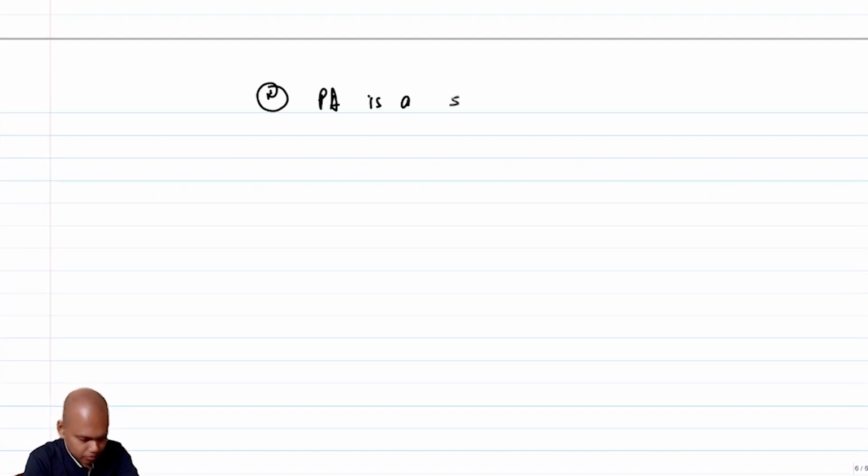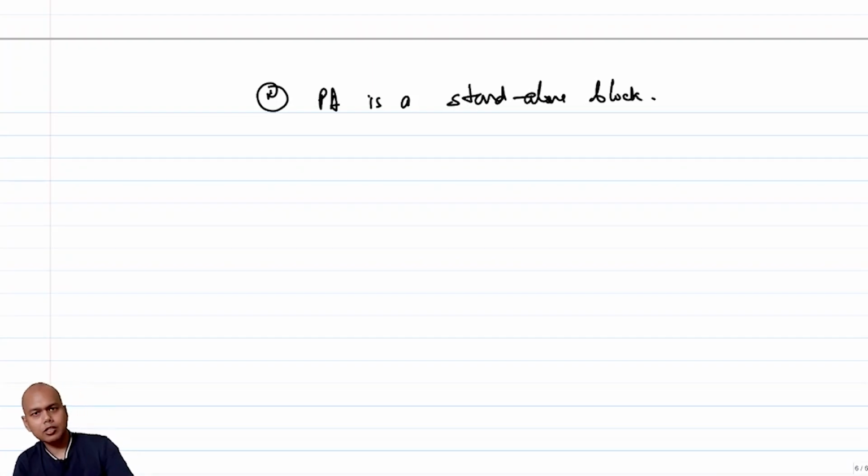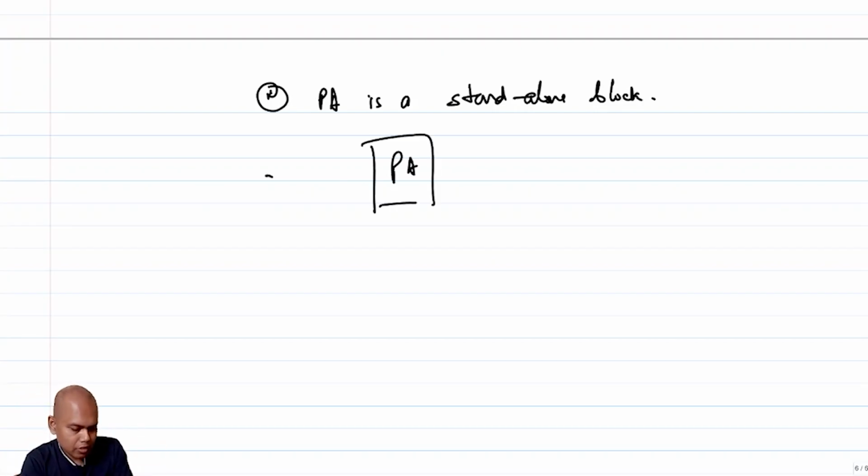And it is also important when the PA is a standalone block and not a part of the rest of the transceiver. It's basically, I'm saying it's not on the same chip. If it is not on the same chip and you have a PA, right? Which means that the moment you connect it, you will connect it to long transmission lines, at least on the input side. So there will be maybe a long transmission line coming here and so on, right?